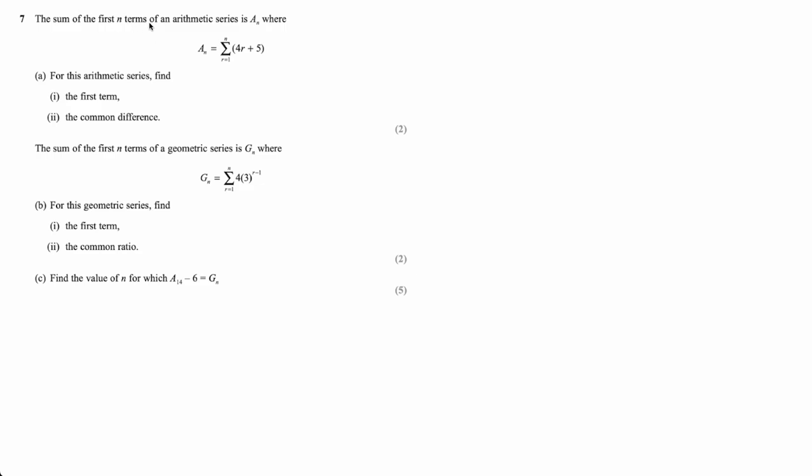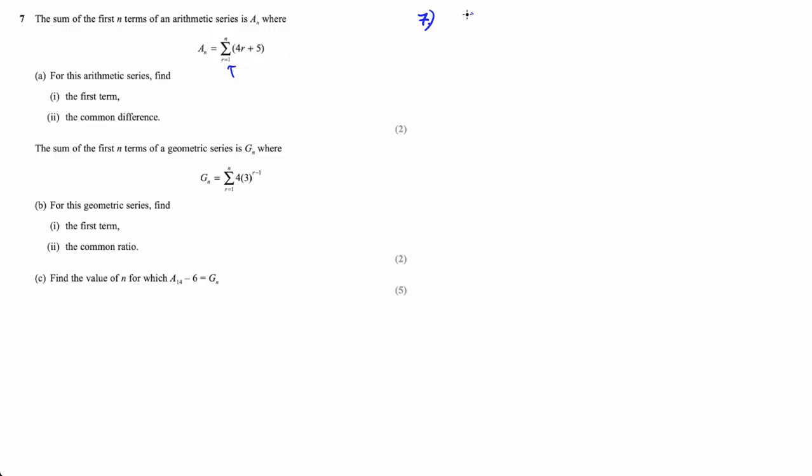Okay. Question 7. The sum of the first n terms of an arithmetic series is a of n, where a of n is this. Find the first term and the common difference. Okay, so guys, I'm going to just straight off write out this series. So it's 4r plus 5. So the first term is 4 times 1 plus 5, because we're starting with 1. So that would be 9.